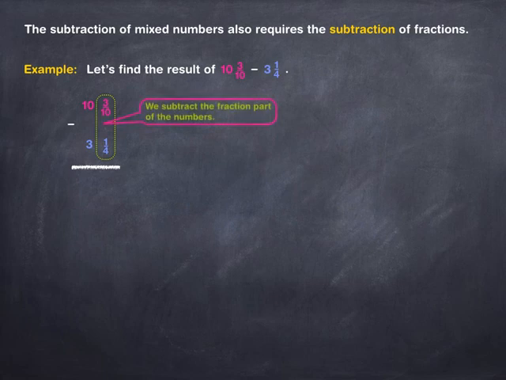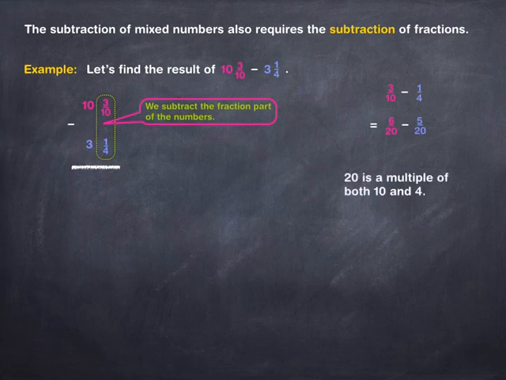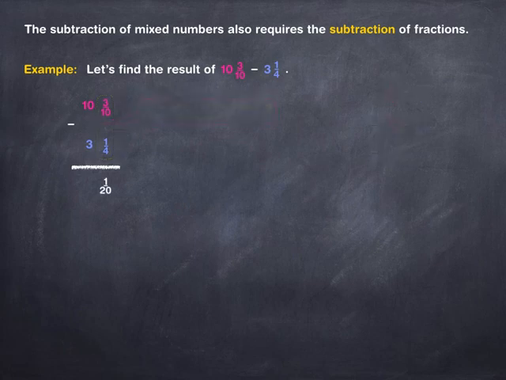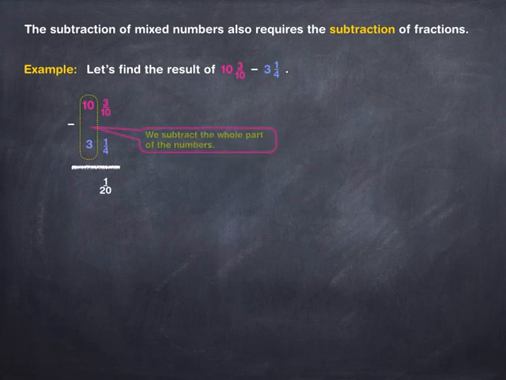We subtract the fraction part of the numbers. 3/10 minus 1/4, which is equal to 6/20 minus 5/20. 20 is a multiple of both 10 and 4. This is equal to 1/20. Then we subtract the whole part of the numbers.